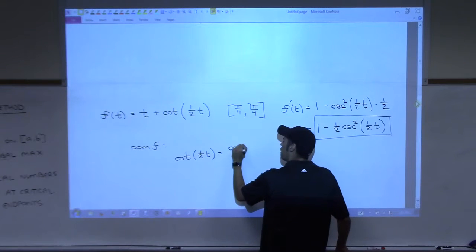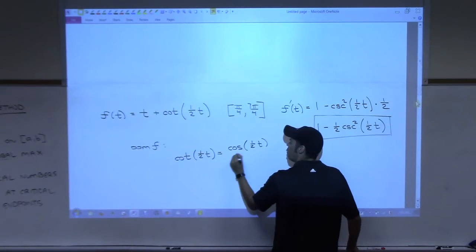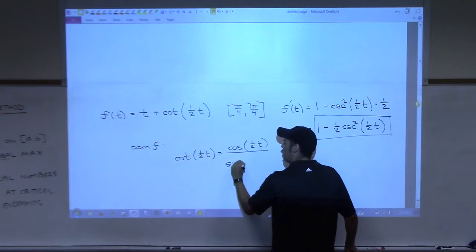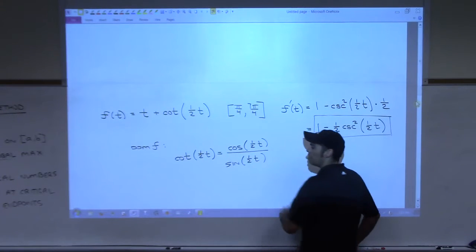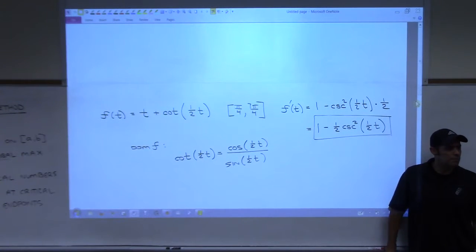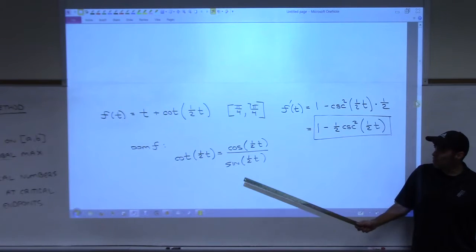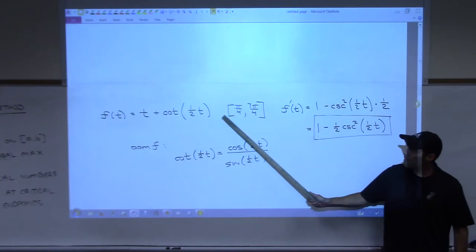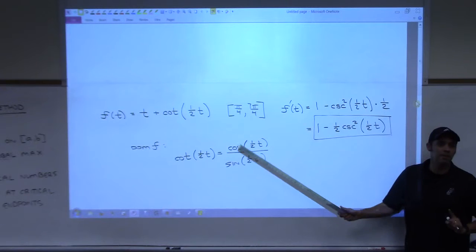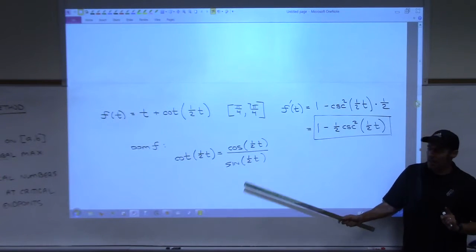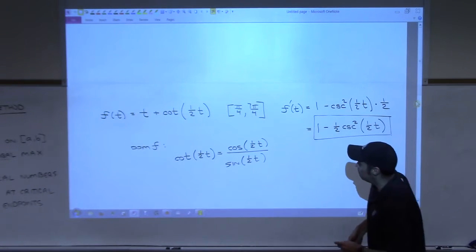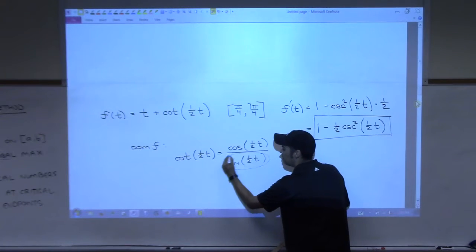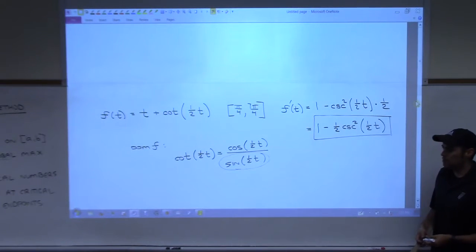So this is cosine of 1/2 t over sine of 1/2 t. Y'all agree? Now, if you look at it this way, then this piece right here could possibly be undefined. And it's going to happen when potentially this piece is 0, right?